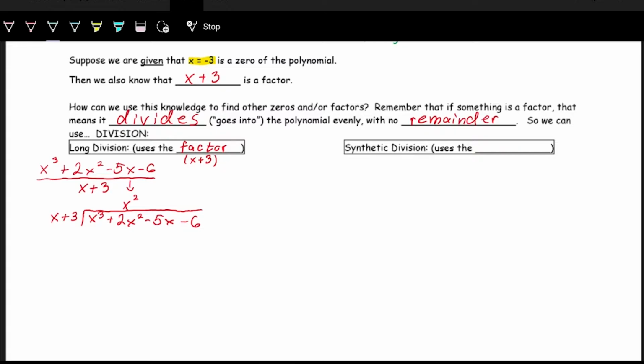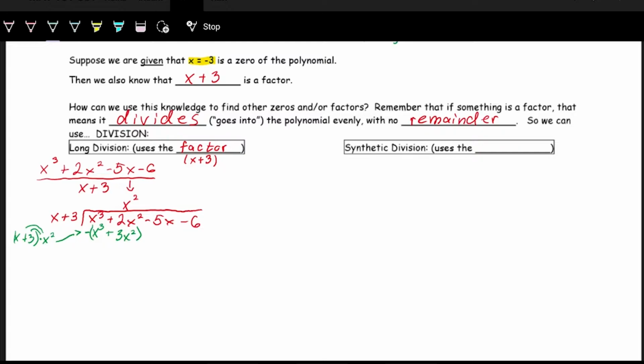So seeing what this looks like here, we have x plus 3 times x squared. And then we subtract that from the dividend parts, the x cubed plus 2x squared. So we have x squared times x plus 3, distribute the x squared in, so we have x cubed plus 3x squared.